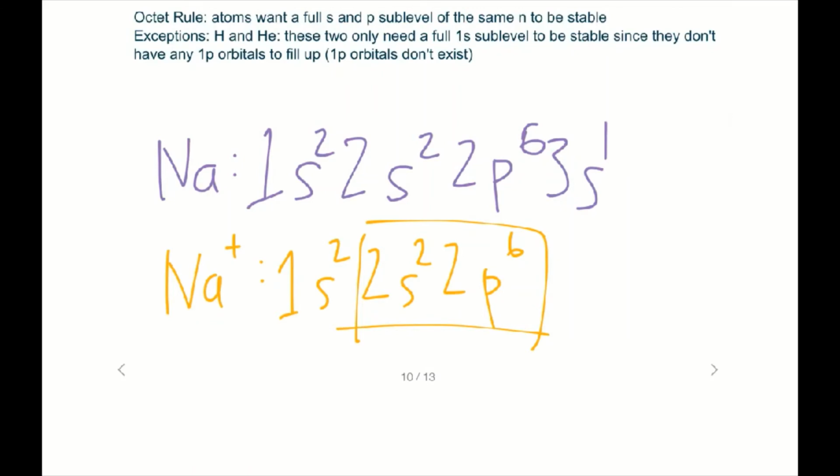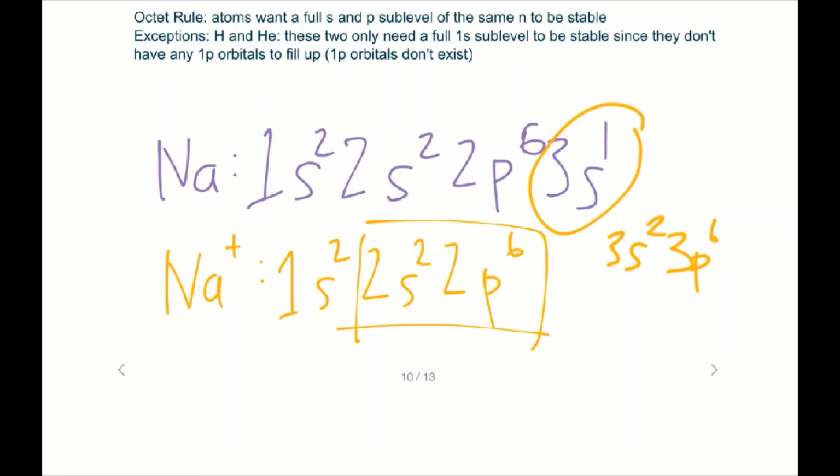Atoms want a full s and p sublevel of the same n, or principal energy level, to be stable. So for example, sodium wants to have a full s and p sublevel, but it has that 3s1 electron. Does this mean that it needs to gain some more 3s and 3p electrons to make it 3s2, 3p6?